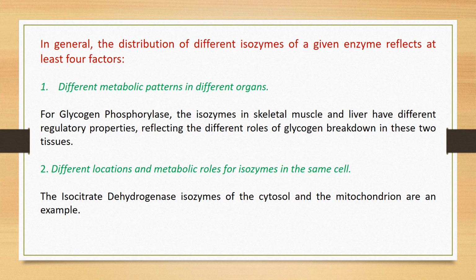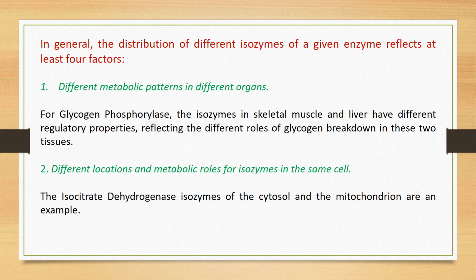Even the sensitivity towards a particular regulator is different. We will discuss it during the regulation of glycogen metabolism. Here just know the example, glycogen phosphorylase, and you will relate this in your glycogen metabolism class.